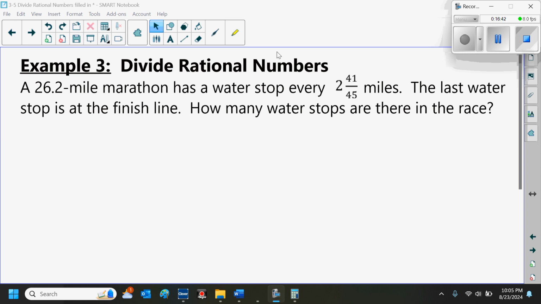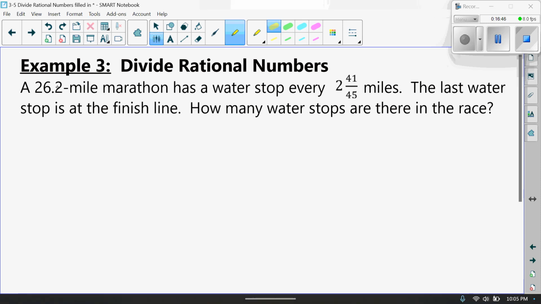So if we take the whole thing, okay, here's the important information. The whole thing is 26.2 miles. That's the whole marathon. If we divide that by every 2 and 41/45 miles, and the last stop is at the finish line, how many water stops are there in the race?